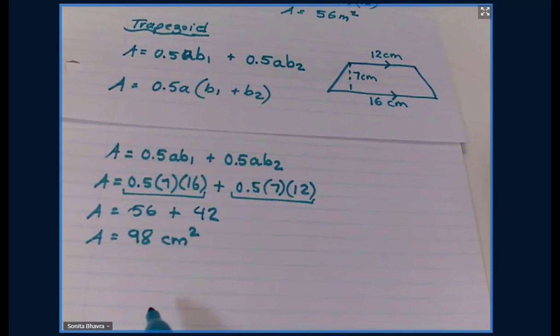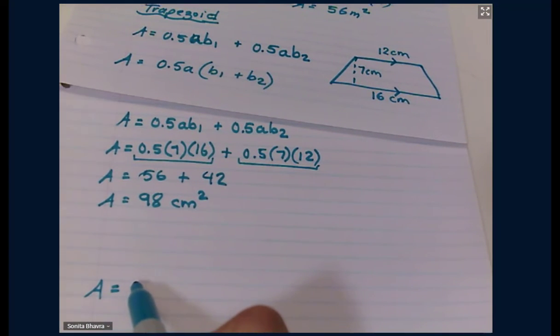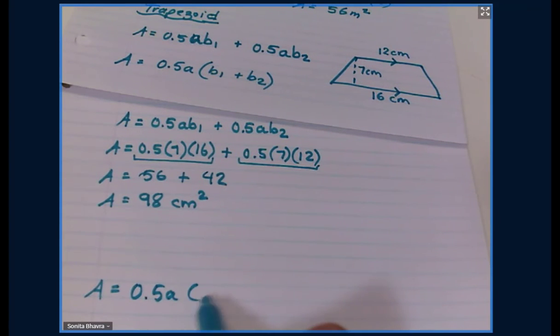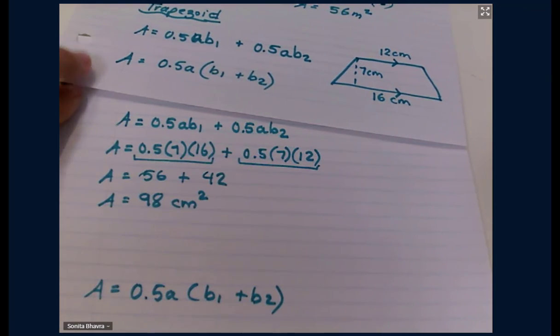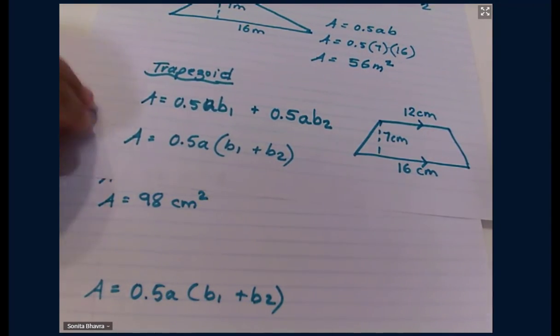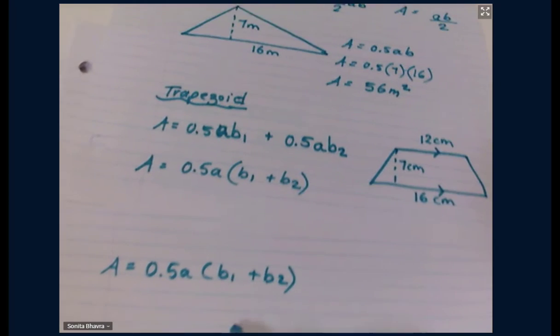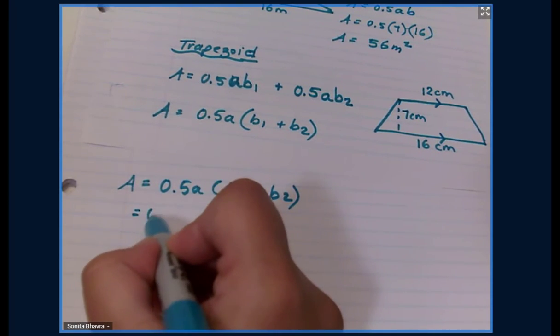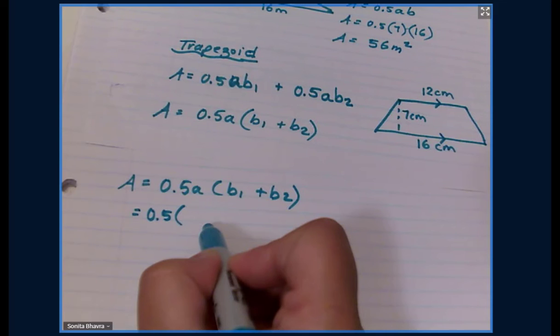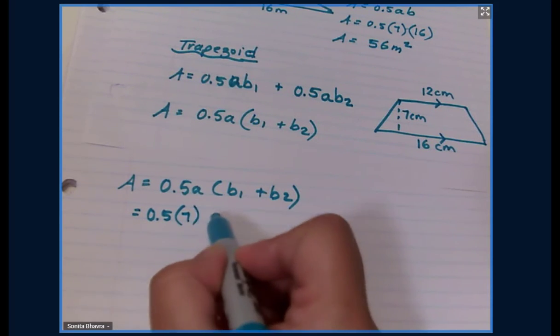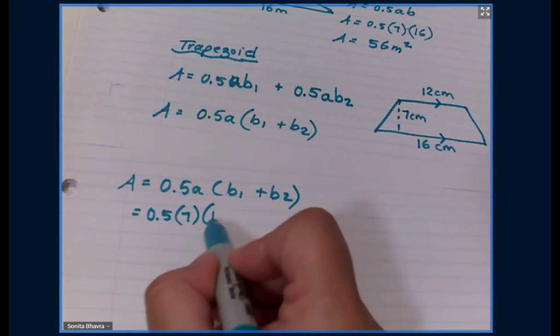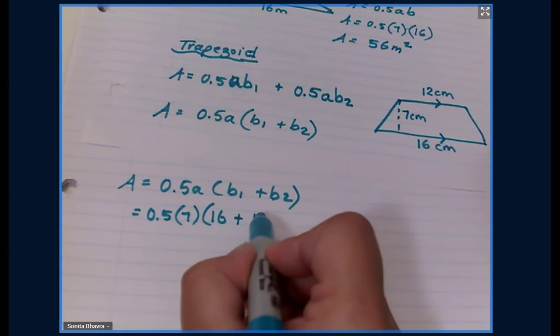And now let's do it using formula or method 2, which is area equals 0.5A base 1 plus base 2. All right, so substituting my values, the altitude is 7, and then base 1 is 16, base 2 is 12.